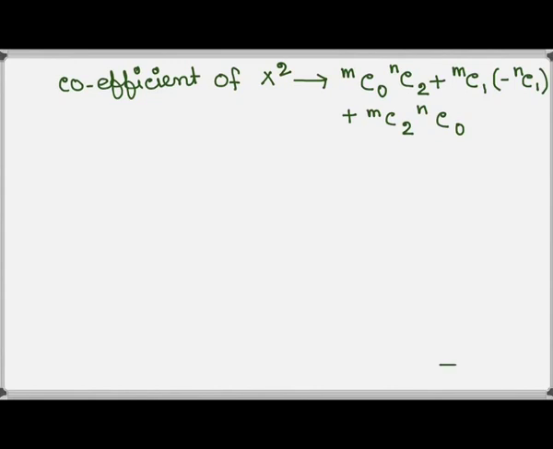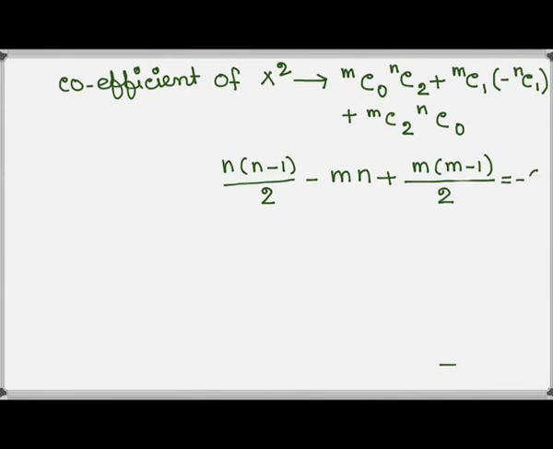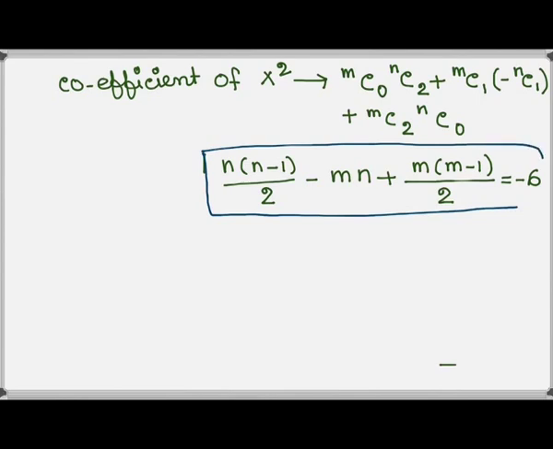So we can note that this is equal to n(n − 1)/2 − mn + m(m − 1)/2. Now it is given that this is equal to −6. So we are getting another equation in m and n.